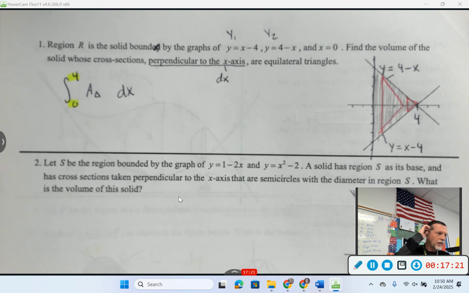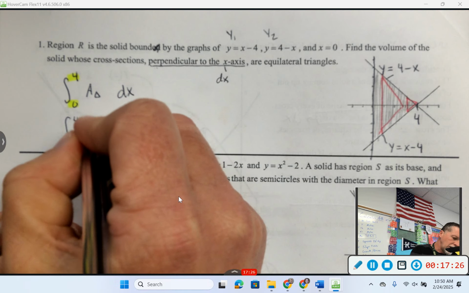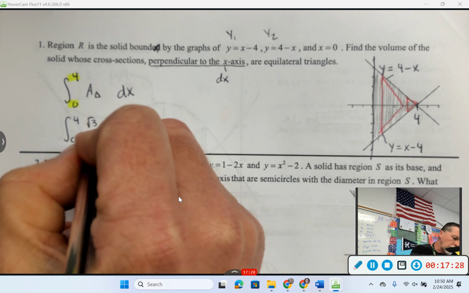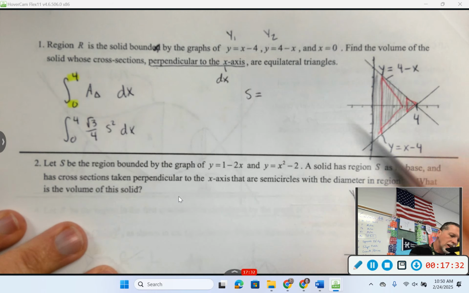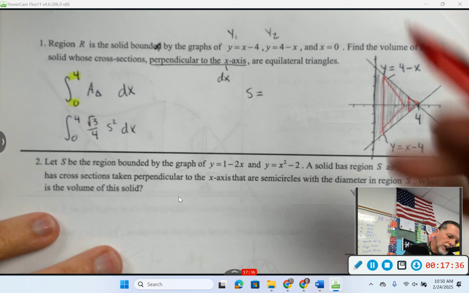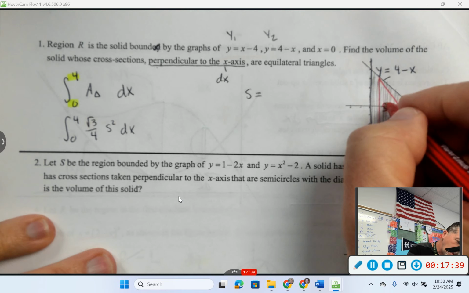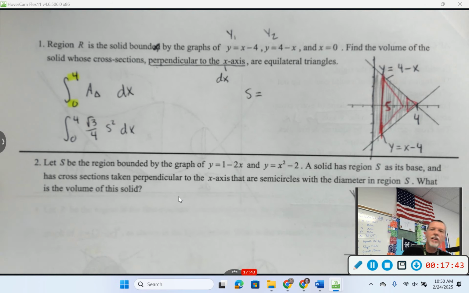All right, some of you were flipping back to see that the area of an equilateral triangle is root 3 over 4 s squared. Now I need to figure out how long s is. So s is that distance.